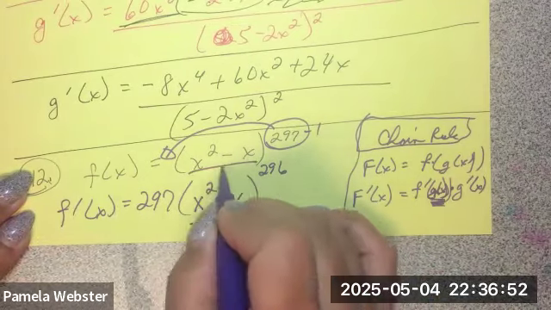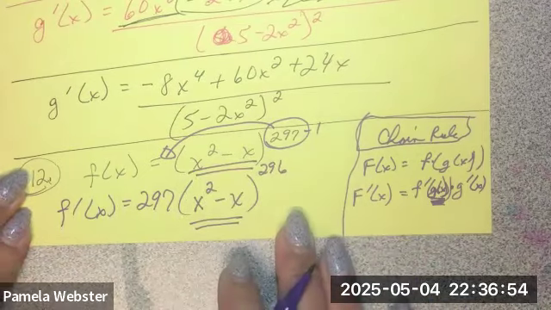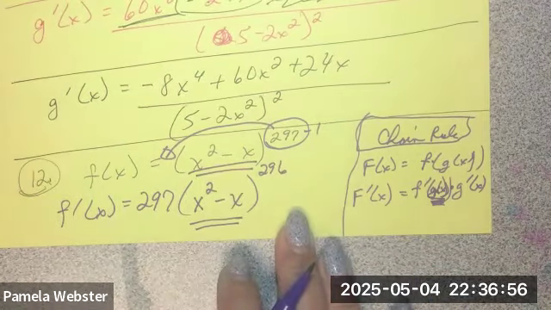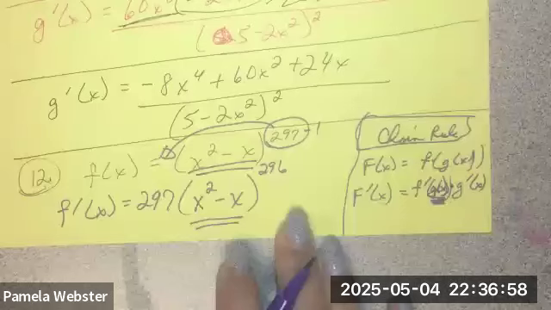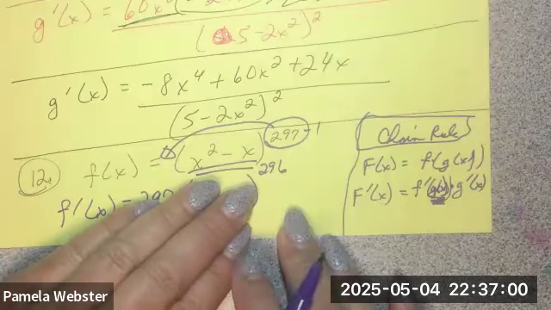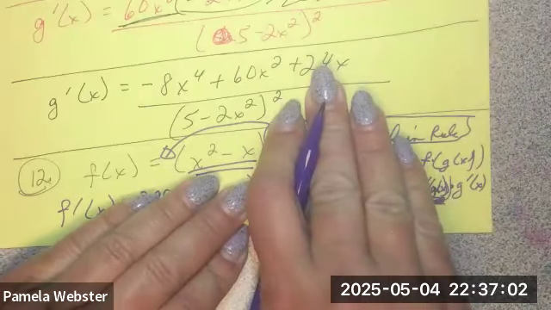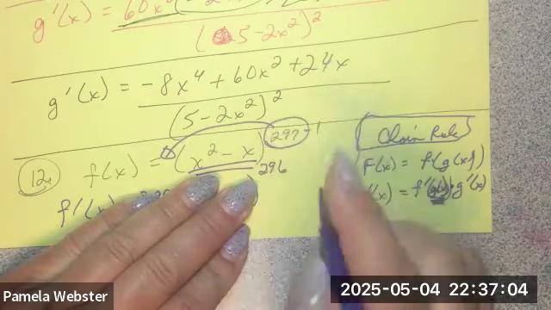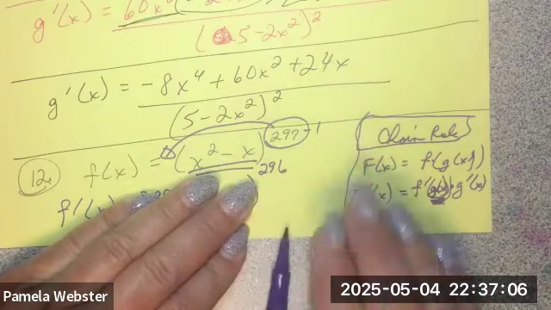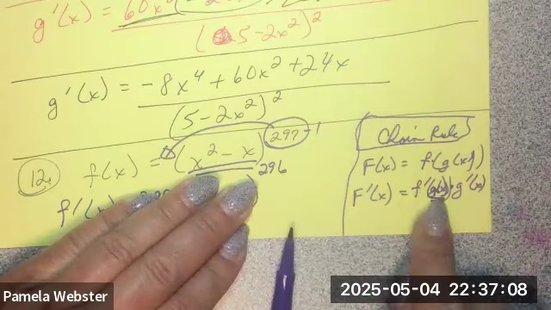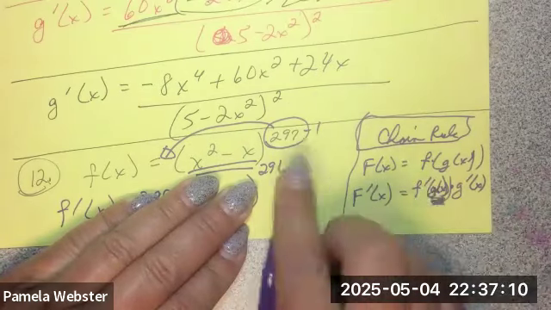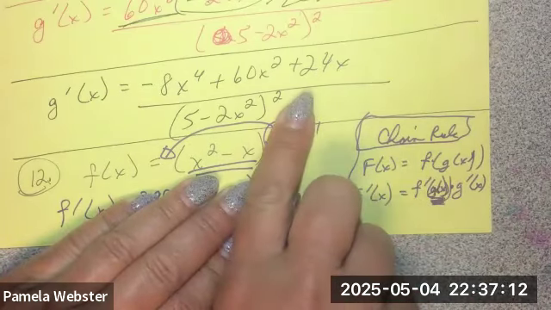The thing that bugs people is leave the stuff alone. This is the stuff on the inside. It stays there when I'm taking the derivative of the outside function. When I mess with the inside function is after I've taken the outside function. Now I want to take the derivative. So I took this guy, leave the g of x in there. Now I want the derivative of the inside function.